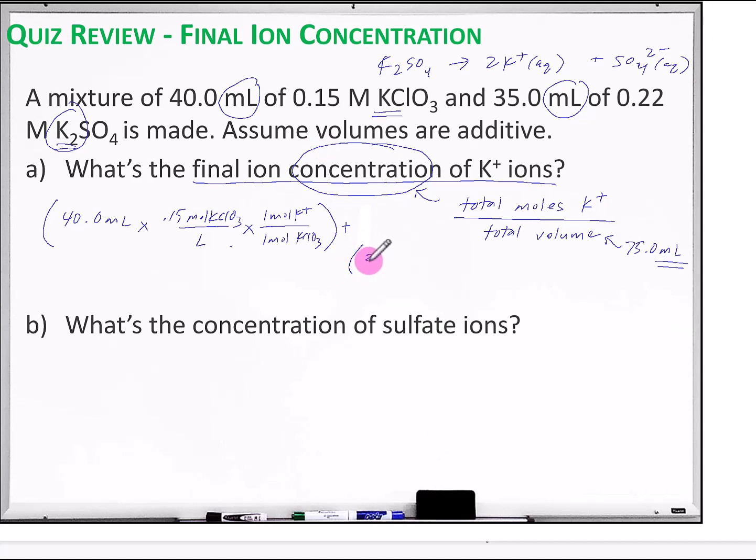So we have 35 milliliters times 0.22 moles per liter of potassium sulfate. That's an L, that's not a 2. And then you get 2 moles of K+ per 1 mole of K2SO4. Okay, I'm going to take all of that and divide it by 75 mL.